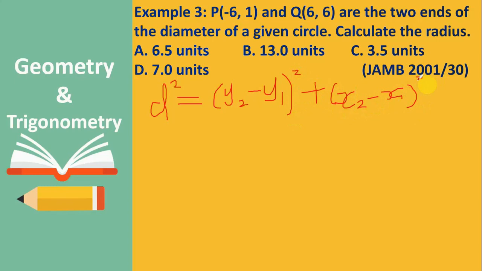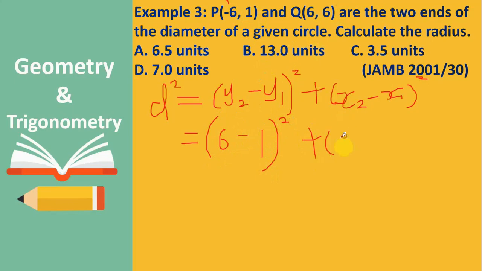Now, if they ask you what is x1, y1, x2, y2 in this equation, this is my x1, this is my y1, this is my x2, this is my y2. Now, let's bring them in together. What is my y2? 6 minus, what is my y1? That is y, 1, all square. Then plus, what is my x2? 6.